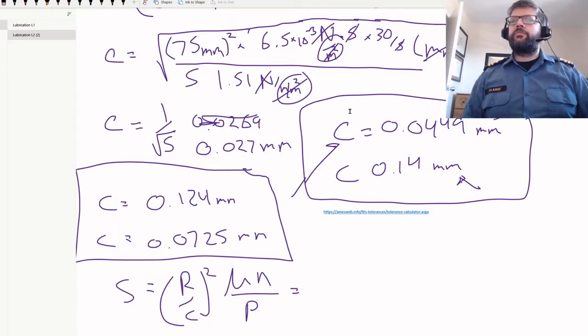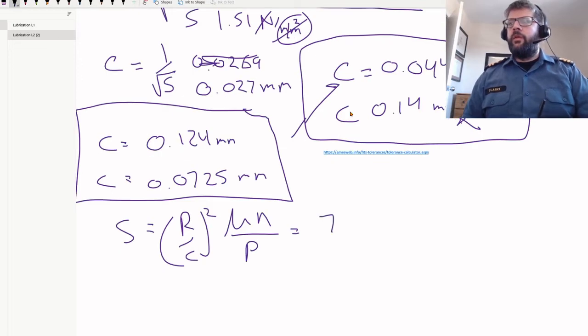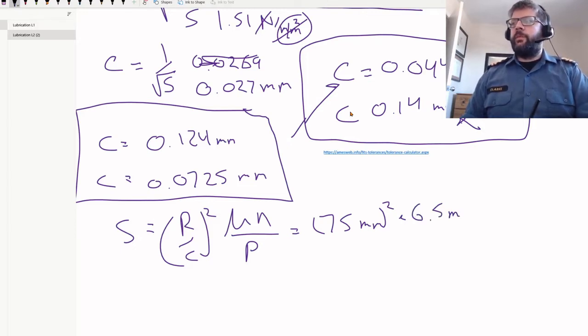Our R is 75 millimeters, squared. The viscosity is 6.5 millipascal seconds, so I'm going to put that in newtons per meter squared seconds.